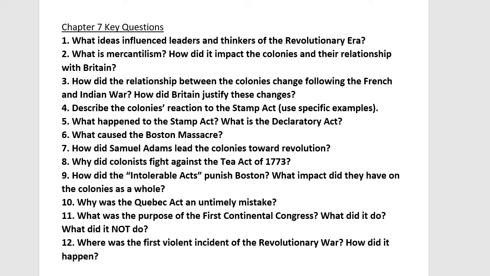So number 6, what causes the Boston Massacre? Well, first of all, you have the Townshend Acts, and the Townshend Acts create taxes on glass, lead, paper, paint, and tea. Colonists simply refused to pay the taxes and continue to smuggle to get around it. So what happens is, in order to make sure these taxes are collected, Britain sends troops over to enforce these laws and enforce these taxes, and of course to cut down on the amount of smuggling.